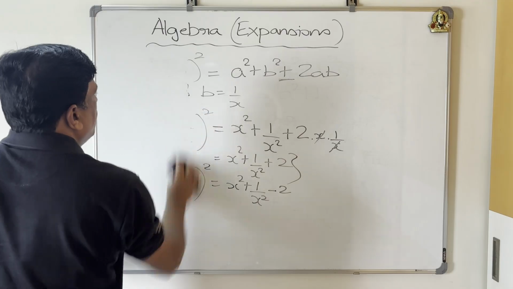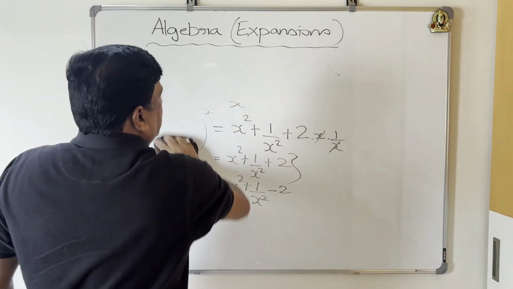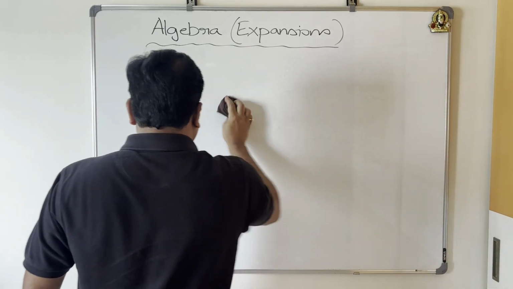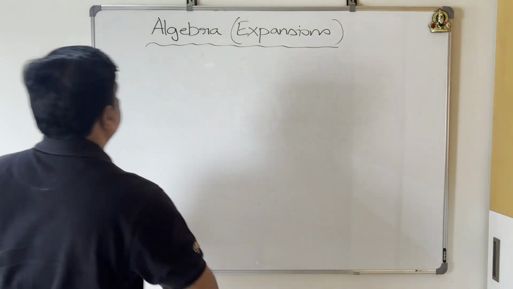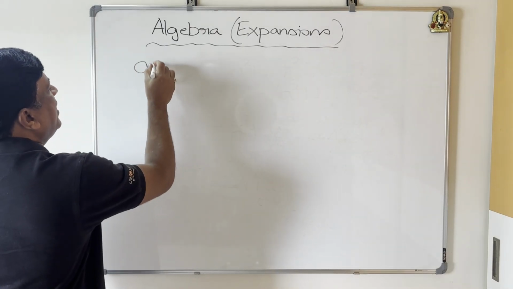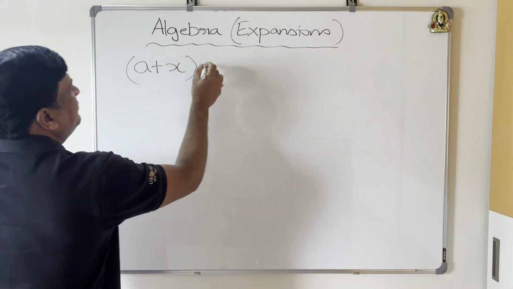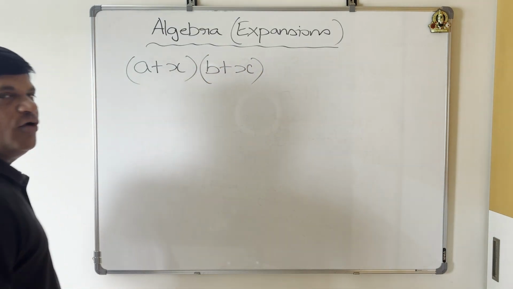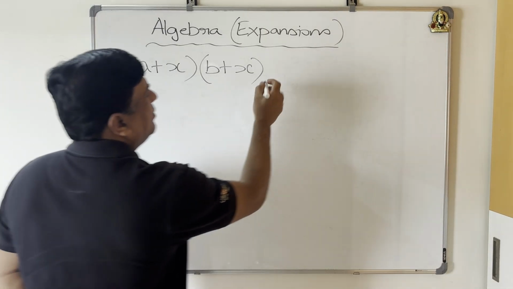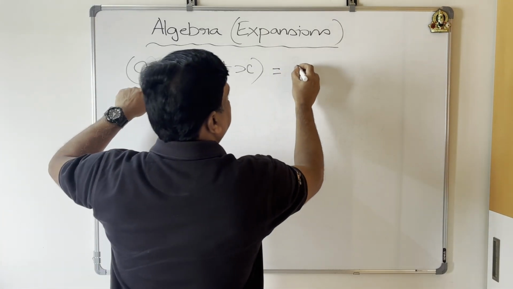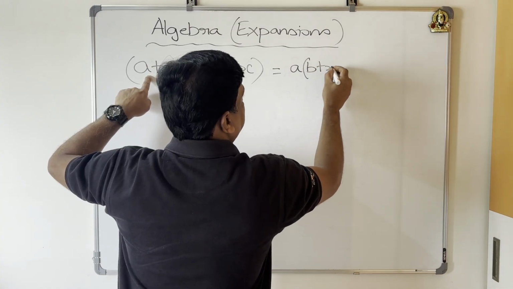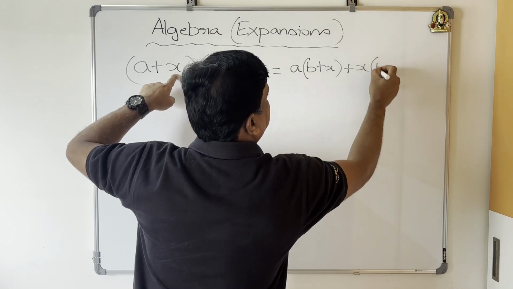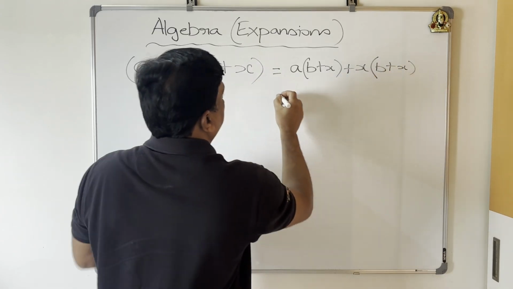Okay, now moving forward, let's expand this further. If they ask you to find out a plus x times b plus x, okay, what are you going to do over here? You need to remember this formula. Let's expand it. A times b plus x plus x times b plus x. Similarly, I can do this. So look at it, what do I get?